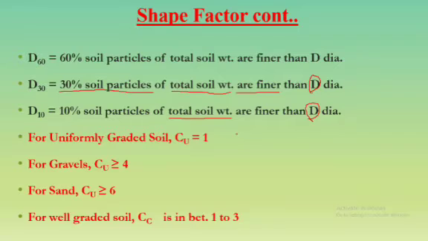Now there are some values for different soils. For a uniformly graded soil, Cu, the coefficient of uniformity, is equal to 1. For gravels, the value of Cu is more than 4. For sand, Cu is more than 6. Then for a well graded soil, the coefficient of curvature value is between 1 and 3.